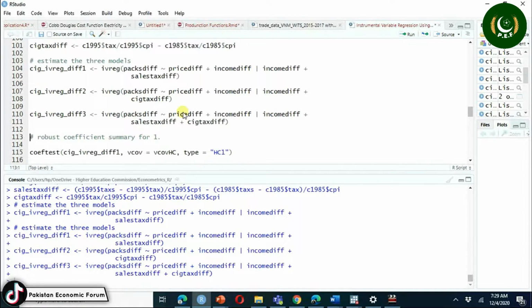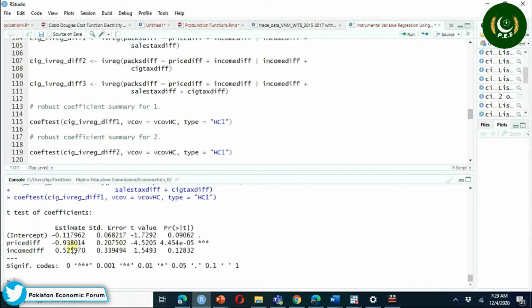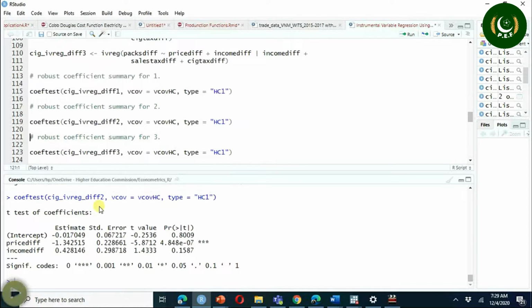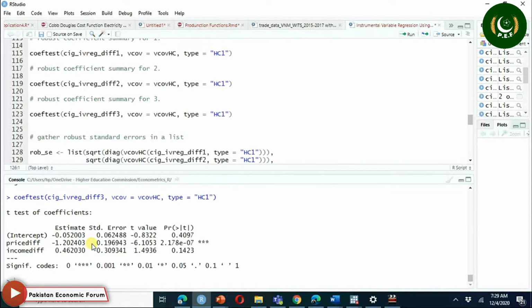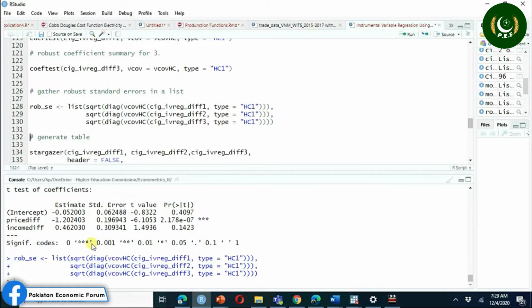Now we get coefficient summary. These were results of first model. These are results for the second model. These are results for the third model. And we have calculated robust standard errors for all these three models. And now I am going to display them. A very useful way of displaying these results is Stargazer, library Stargazer.